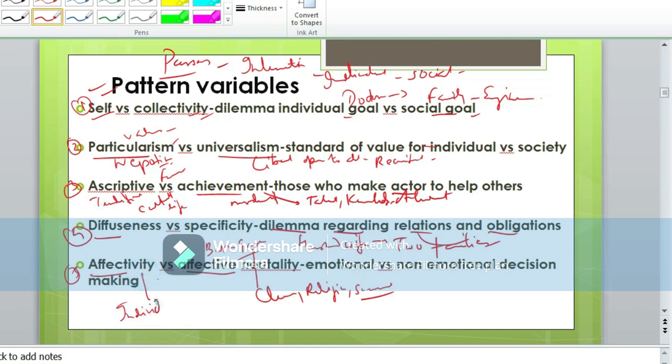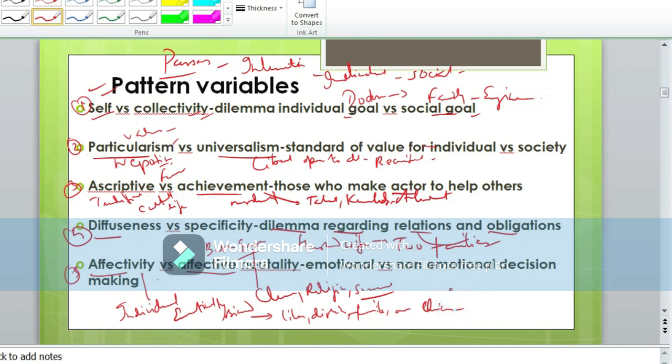And the last part is affective neutrality. When there is an individual who is emotionally biased, then he takes emotional decisions based on his likes or dislikes, his favorite things, his own choices.